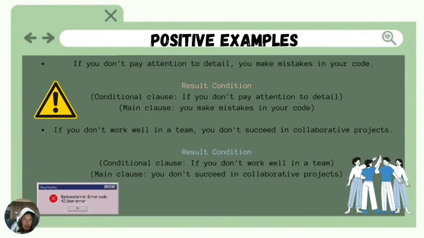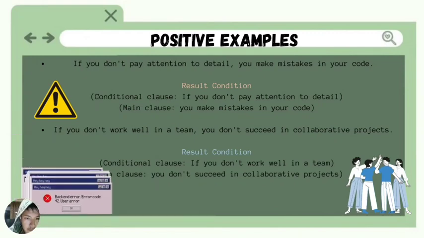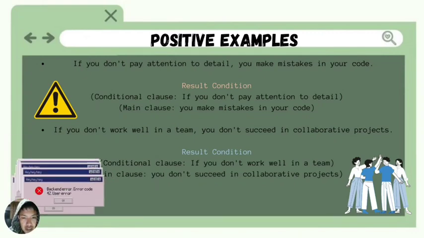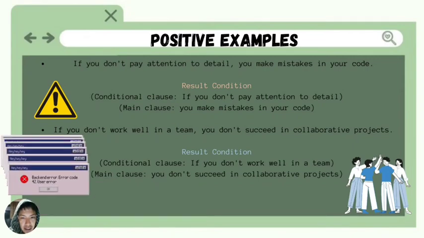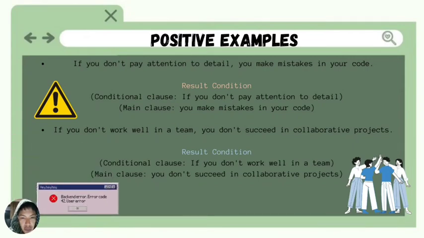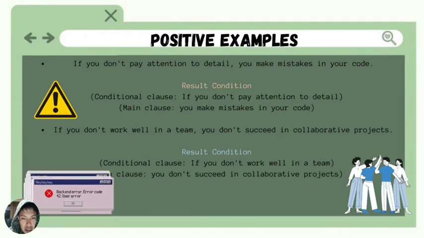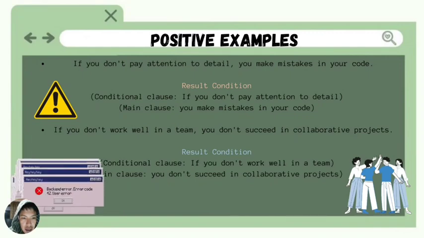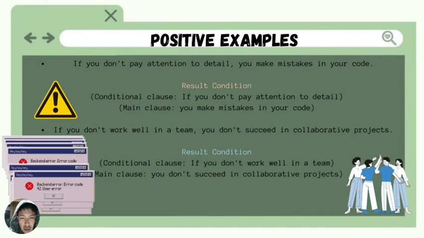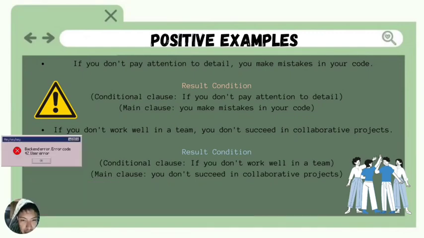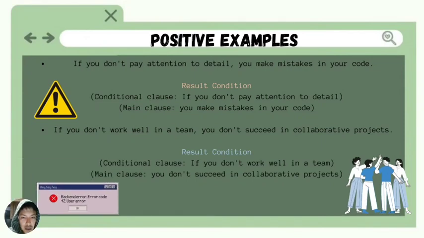Positive example number 3: if you don't pay attention to detail, you make mistakes in your code. Result, conditional clause: if you don't pay attention to detail, main clause, you make mistakes in your code.